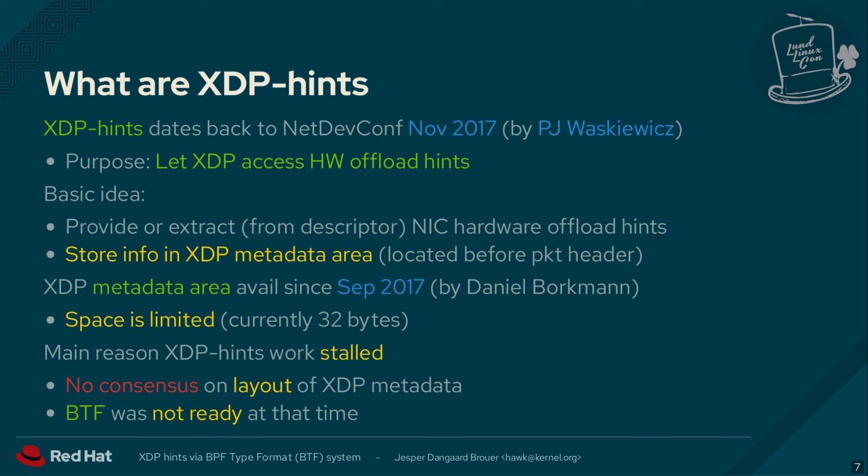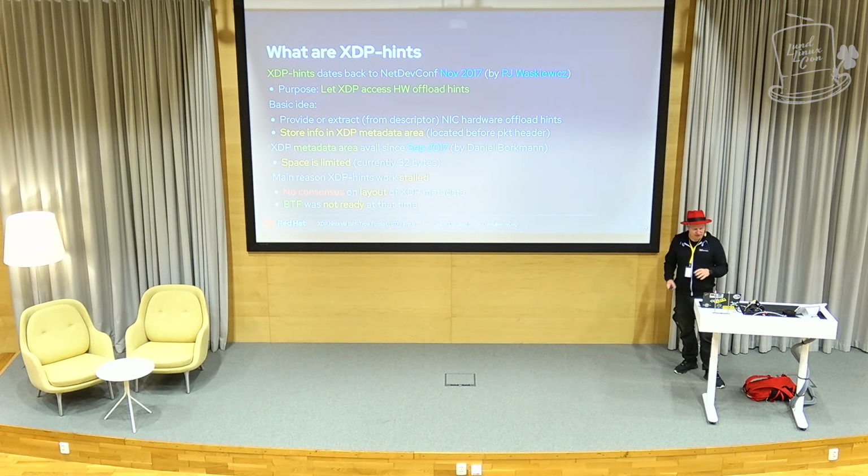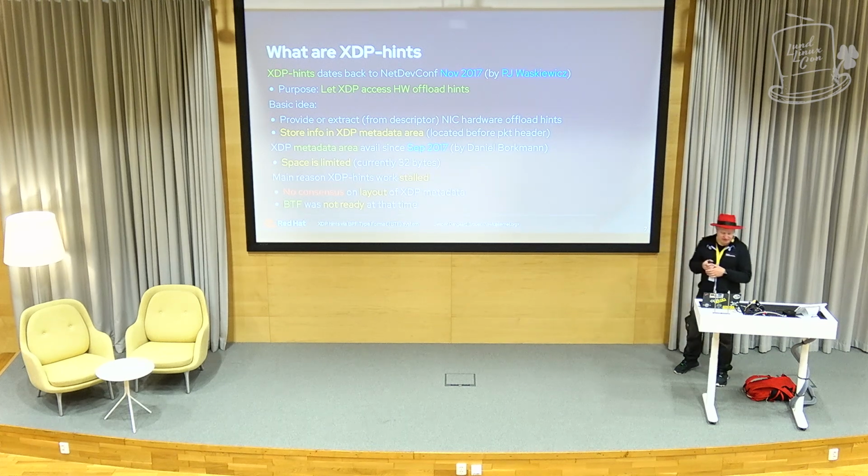The basic idea is we extract from the descriptor I just described, and somehow we store the information in what we call the XDP metadata area, which is located just before the frame. The XDP metadata area has been available since 2017. You can already use it today from a BPF program.